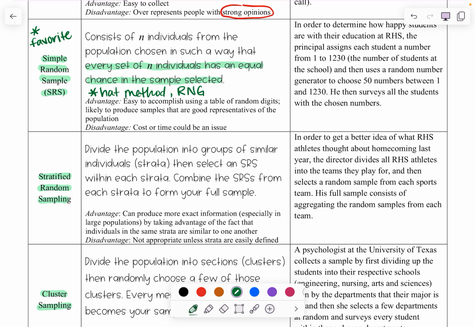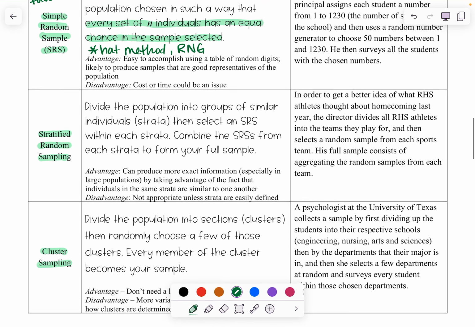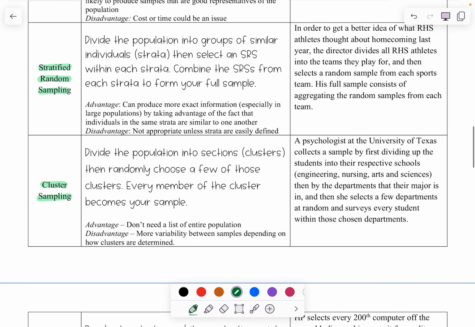The kind of subset of that, it's almost like a multi-level sampling, but stratified and cluster both implement some form of SRS in how they do their sample. I will make a little note here just because I like to point it out before I start discussing them. You want to make sure you know the difference between these two.